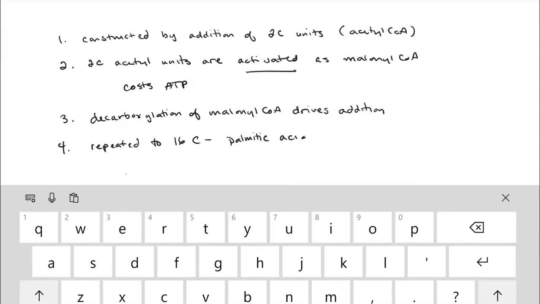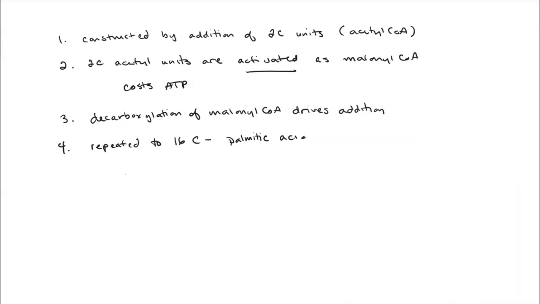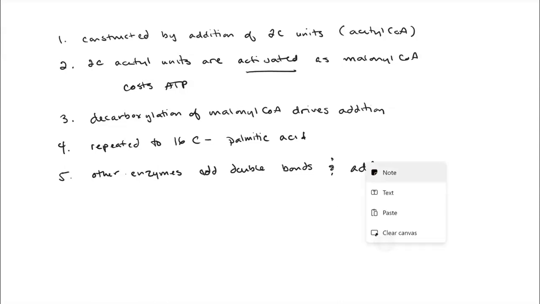And then once we have palmitic acid, which is our 16 carbon fully saturated lipid, other enzymes then add double bonds and additional carbons. So that's the big picture.